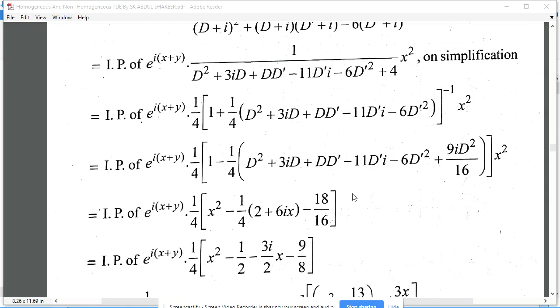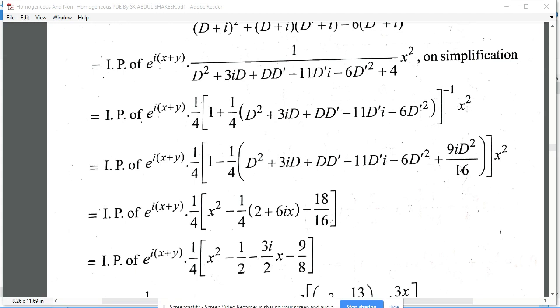So like this, we have to differentiate partially with respect to x or y. Suppose there is a D, then we have to differentiate with respect to x. Suppose there is a D', then we have to differentiate with respect to y. Suppose there is a DD', we have to differentiate first with respect to y and then x, or first with respect to x and then y, because DD' means dou square by dou x dou y.